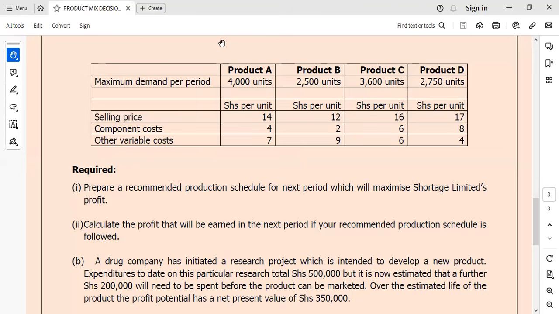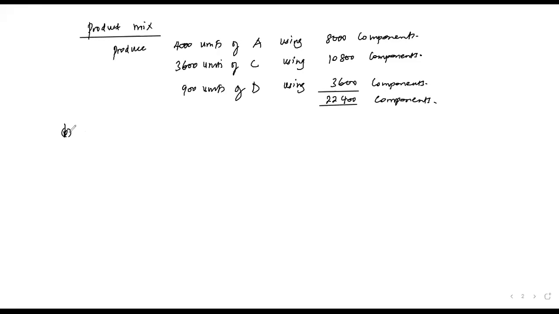So if we follow our product mix in Roman 1, let us see the profit to be earned in the next period.